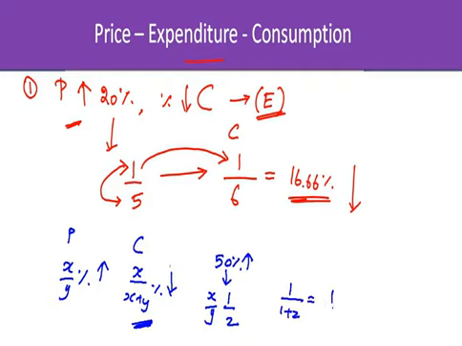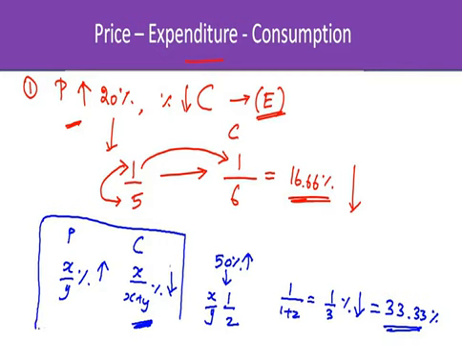And what is that? 1 by 3, the consumption has to be reduced. And what is 1 by 3 in terms of percentage? That is equivalent to 33.33%. So it's better we know this trick in our mind. So when the price of something increases by x by y percentage, the consumption can be reduced by x by x plus y percentage. Let's move on to case number 2.